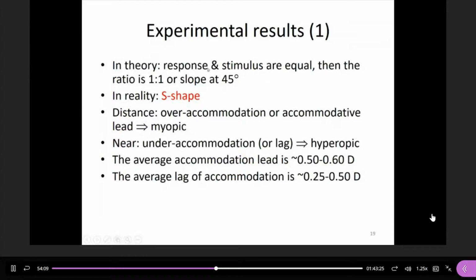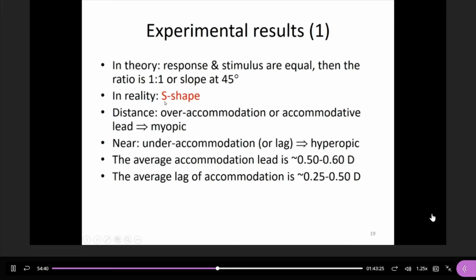In theory, the response and stimulus should always be equal, regardless of whether it is at distant or near, and the ratio should be 1-to-1, with a slope of about 45 degrees. But in a real situation, we find that this deviates. So this expectation cannot be fulfilled.